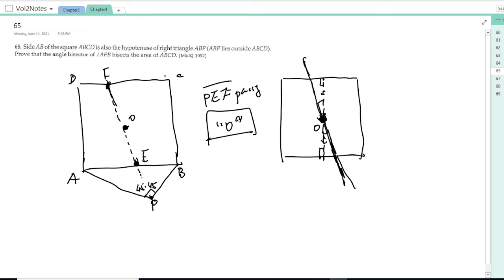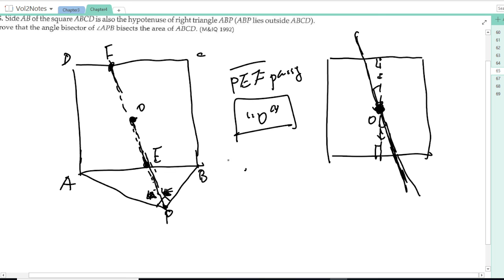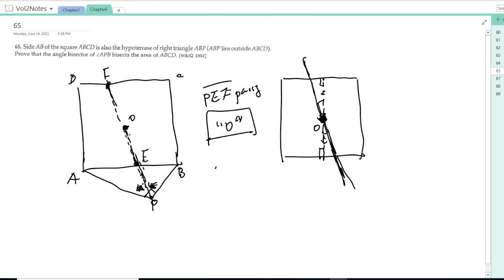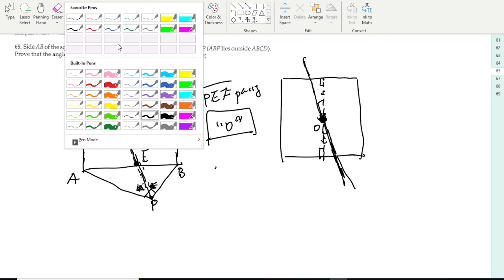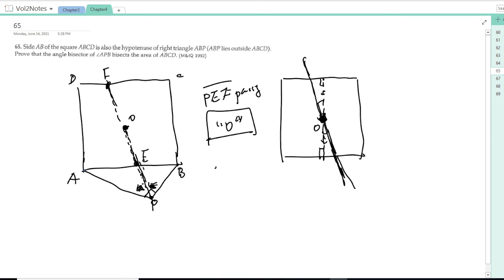So let's prove it the other way. Let's connect PO, and we prove PO is the angle bisector. Now let's connect AO and BO. Angle AOB is 90 degrees, right?